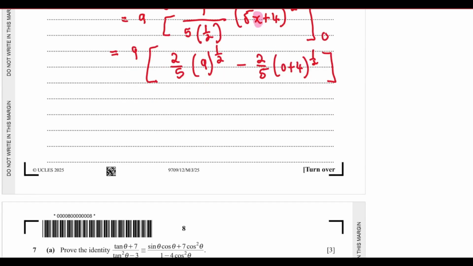We're almost there. 9 to the half is 3, and 4 to the half is 2. If you put that in your calculator, you'll end up getting 18 over 5.